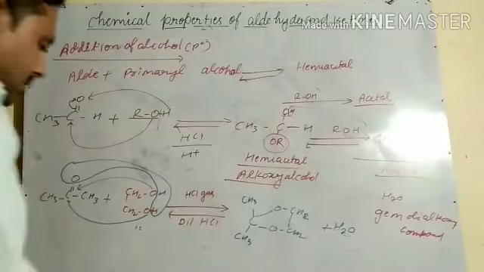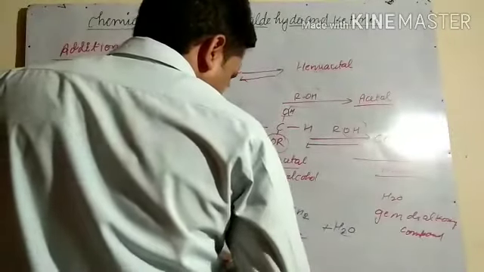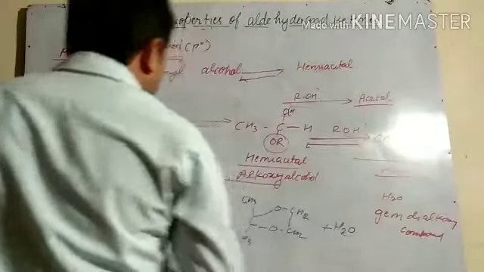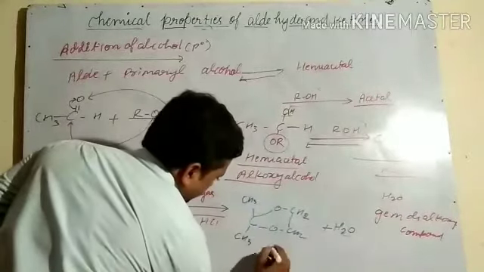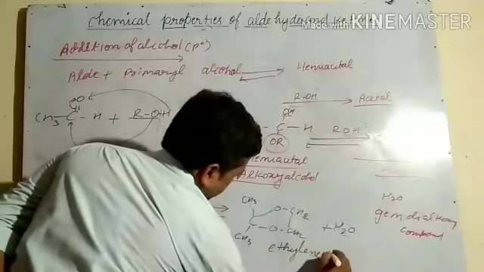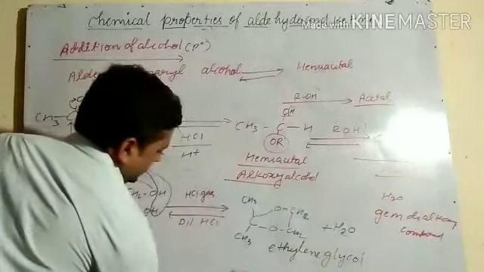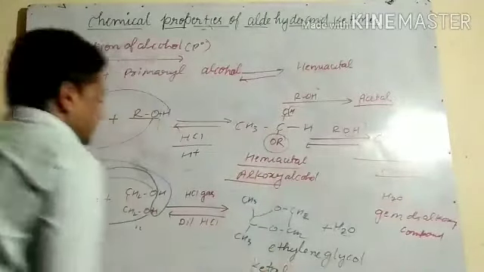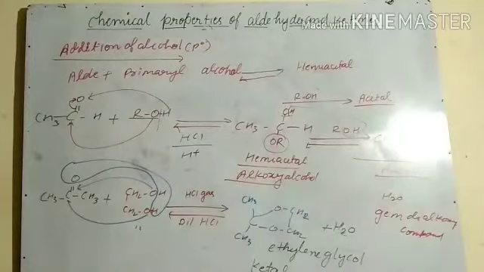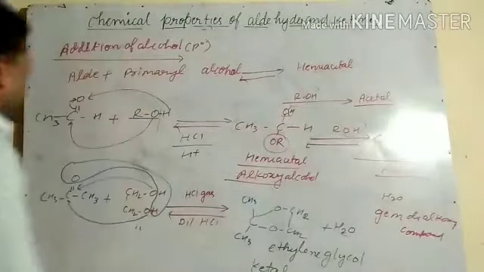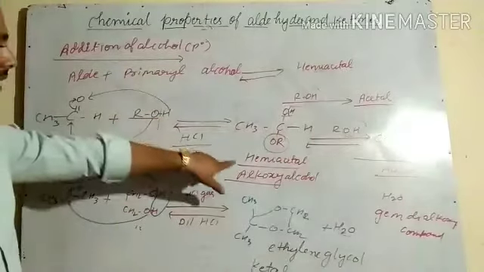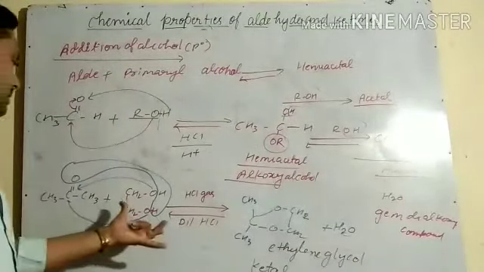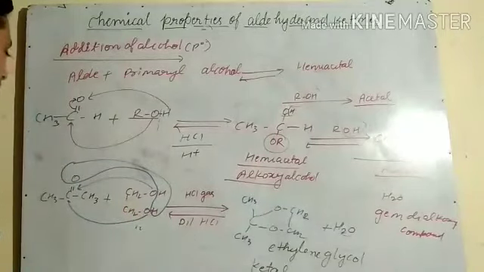Ketone forms the cyclic compound, known as ketal. So remember that in the same condition, aldehyde reacts with primary alcohol and forms hemiacetal and acetal. Ketone reacts and forms a cyclic compound, known as ketal.